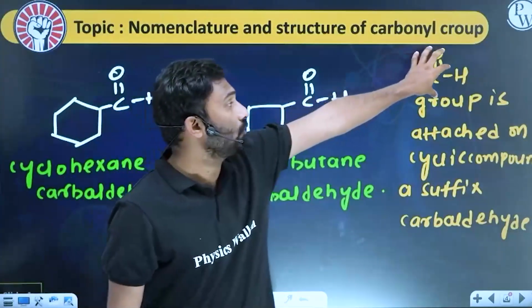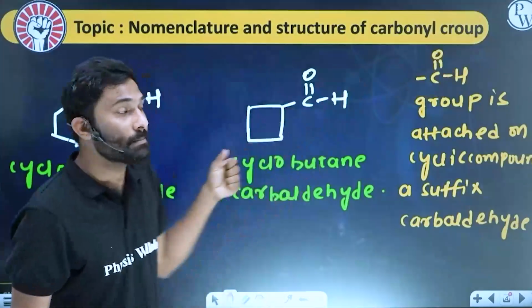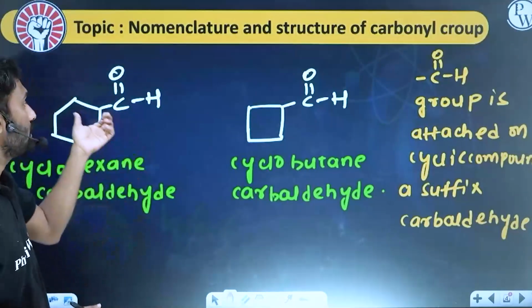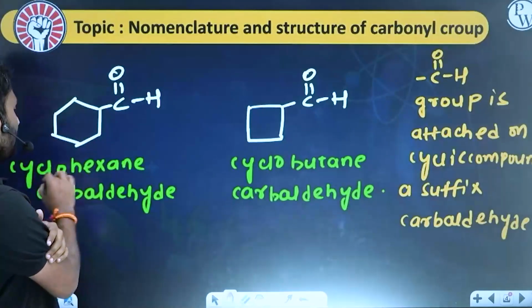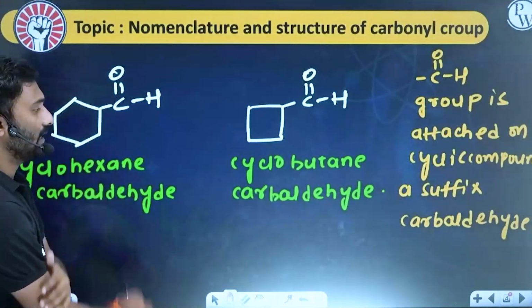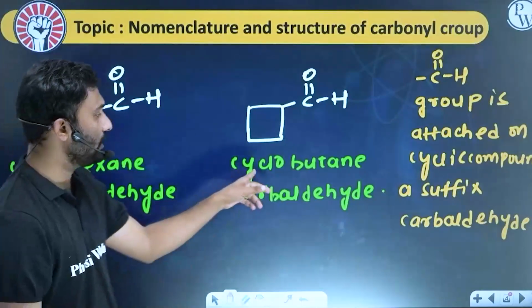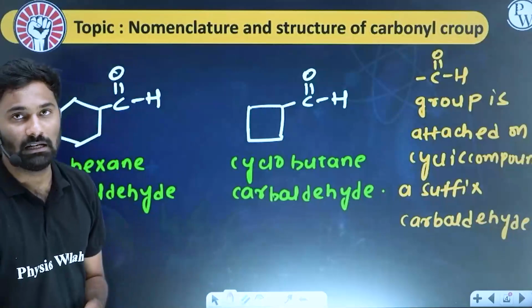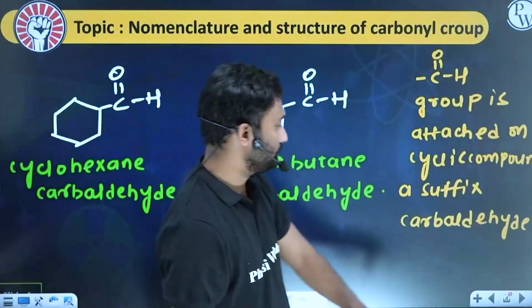When the aldehyde group is attached to the cyclic ring, it will become cyclohexane carbaldehyde. Look here, cyclobutane carbaldehyde.